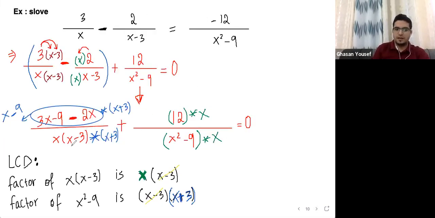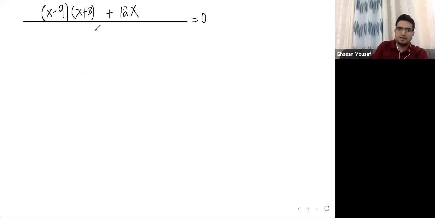In the denominator, x times x minus 3 times x plus 3 is the same as x squared minus 9 times x. So I can write x squared minus 9 times x.